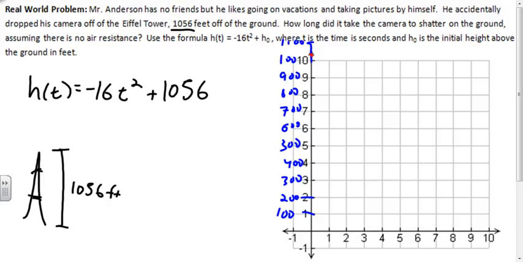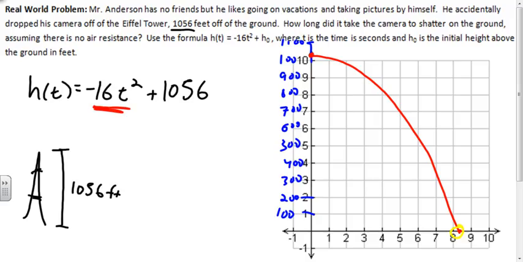We started at 1056, came down, and according to that graph, it hit just a little bit past 8. What's happening here is the curve is getting steeper because gravity is pulling down on it as an acceleration, making it fall faster. So when it finally hit the ground, it was a little bit in between 8 and 9 seconds.